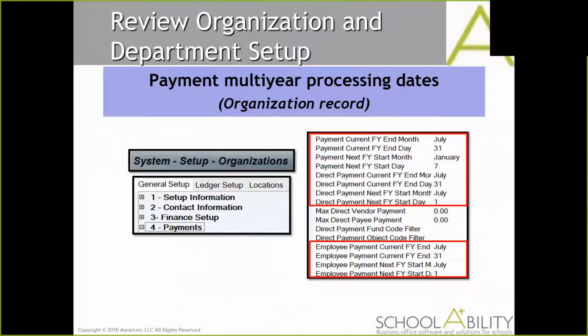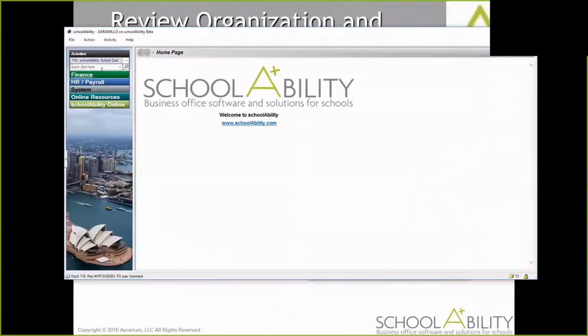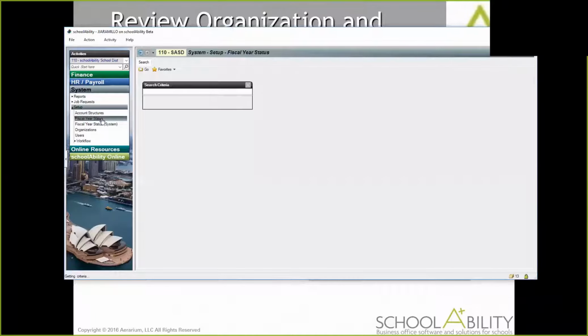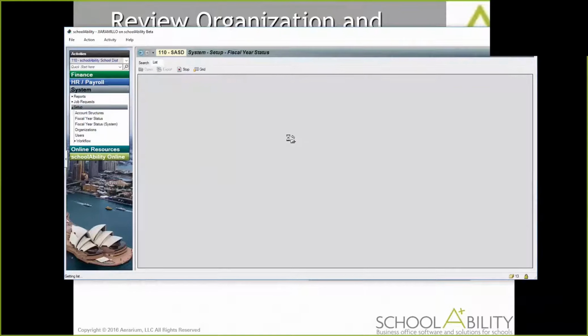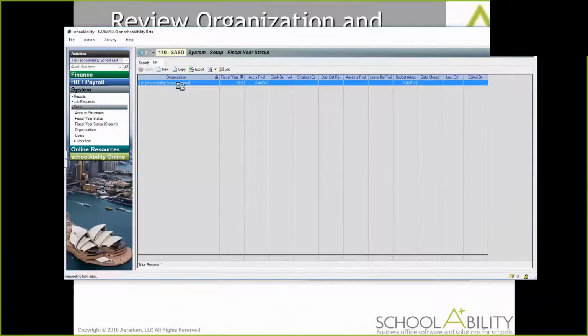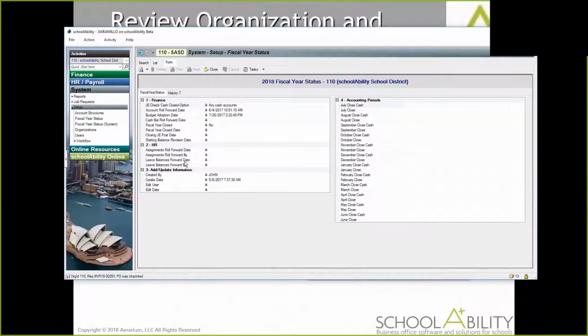So I'm just going to show you within the system where that's at. Right now I'm using a demo or test system. I'm going to go to System, Setup, and Fiscal Year Status. I'm going to click Go so it opens up that record. I'm going to open this. Oops, I'm sorry, I went to the wrong one.